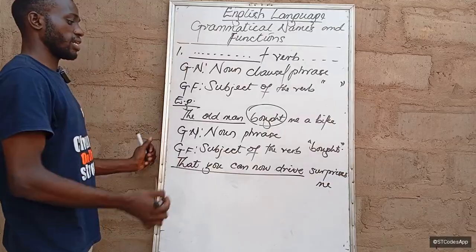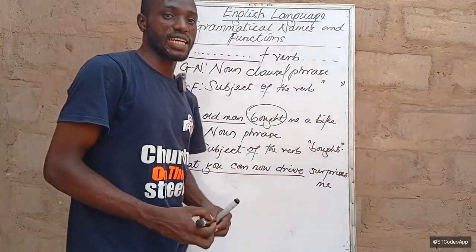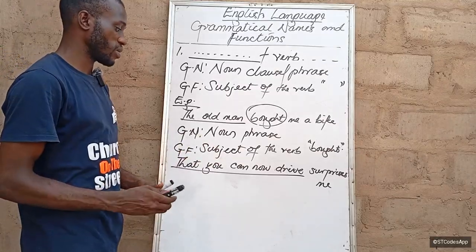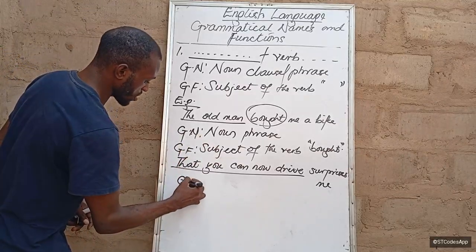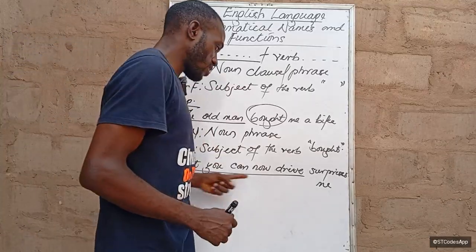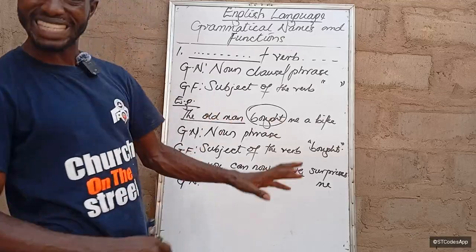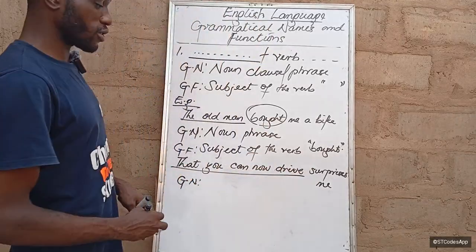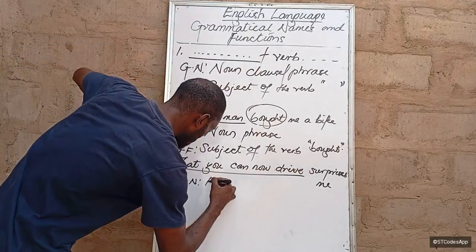And this is underlined. The fact that you can now drive surprises me, or that you can now drive surprises me. Now look here, what is going to be the grammatical name? You can already see it follows the structure I drew here. There is an underlined structure which is beginning a sentence, and there is a verb coming immediately after it. What is that going to be? A noun. Is that clear?